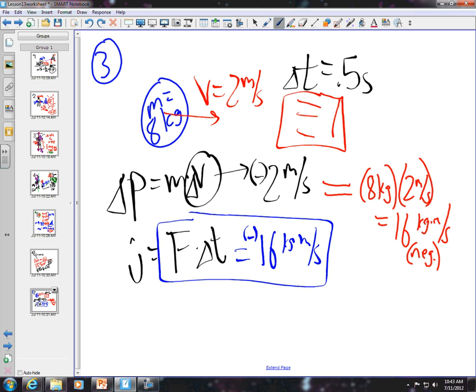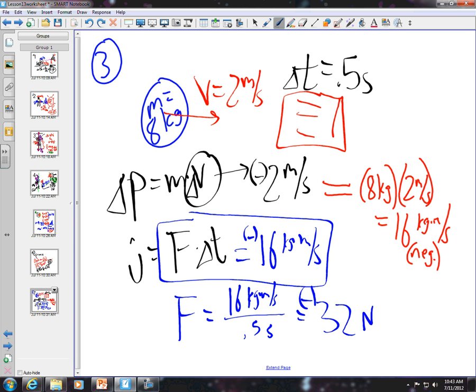Change in time we know, so force is actually going to be 16 divided by 0.5. Looks like it's going to be 32. Again, negative because it's in the opposite direction, newtons. And that was the force exerted by the pillow on the ball, so it exerts it to the left, which makes sense. Verified.